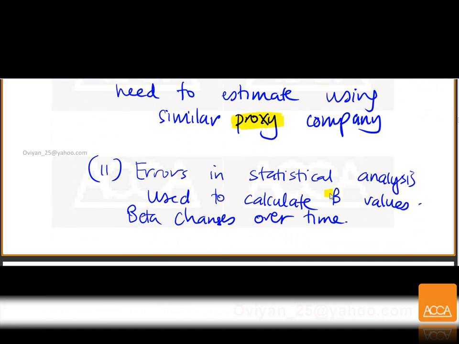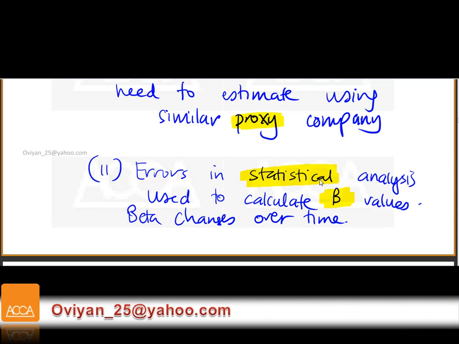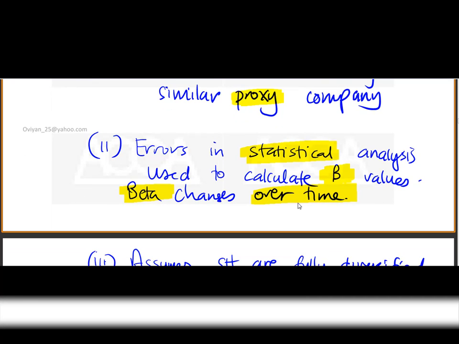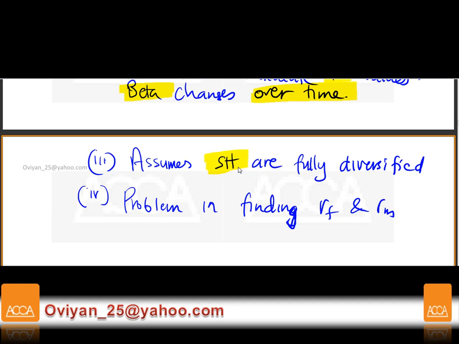Also, betas are statistical data, a collection of price movements as well as the return of the market movements. Therefore beta can change over time. All these are historical. Next, the CAPM model assumes shareholders are fully diversified, which means they are not exposed to any unsystematic risk at all, which is not true.